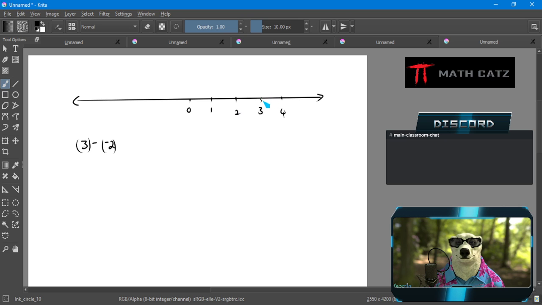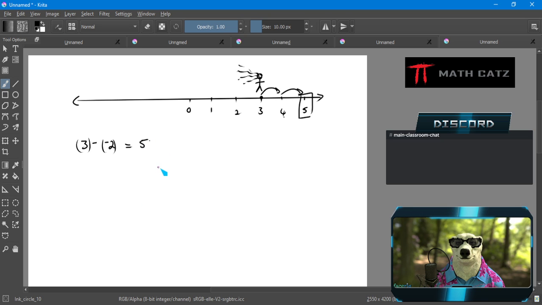Number line says stand at 3, subtract. So look in the making smaller direction, and then walk 2 steps back. I need a 5 there. I walk 2 steps back. 5 is my answer, which was not a mystery.